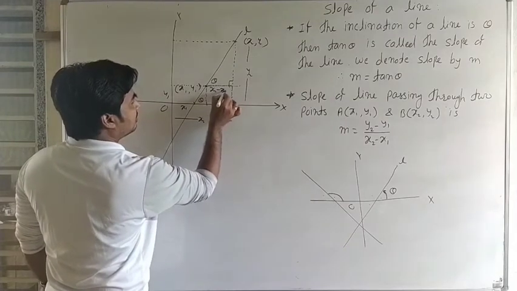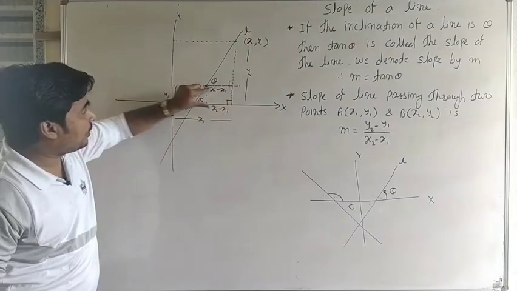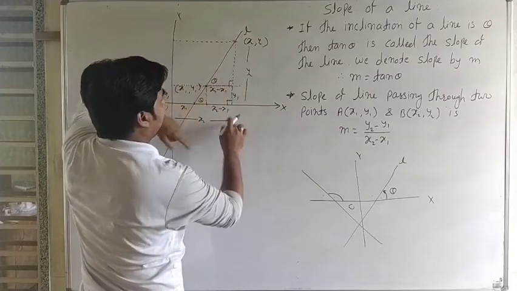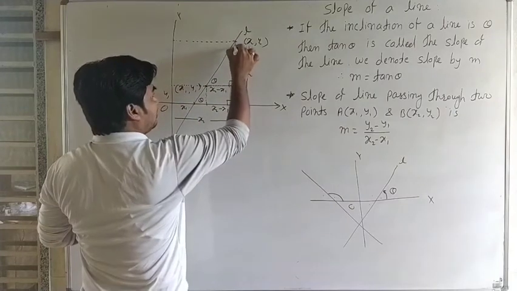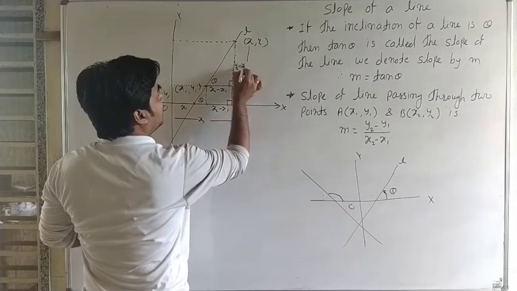Now it is y1, and the total distance is y2, therefore this distance is y2 minus y1.